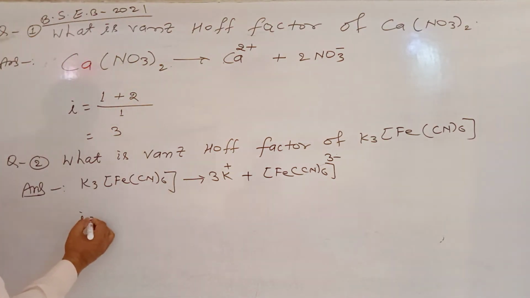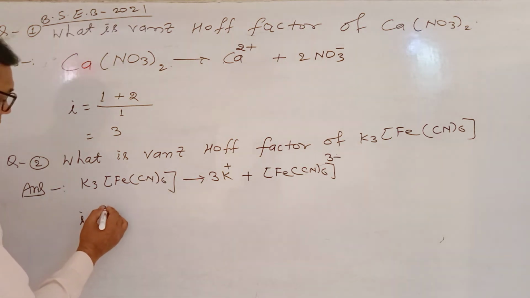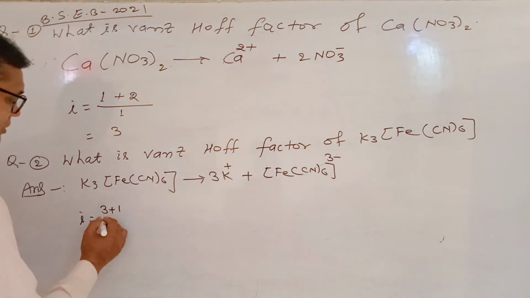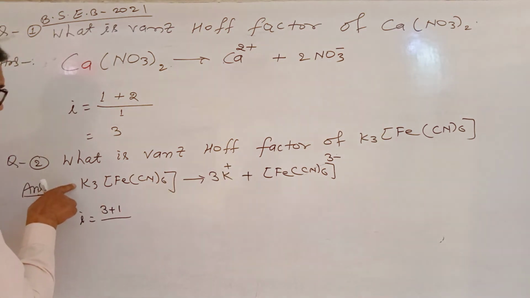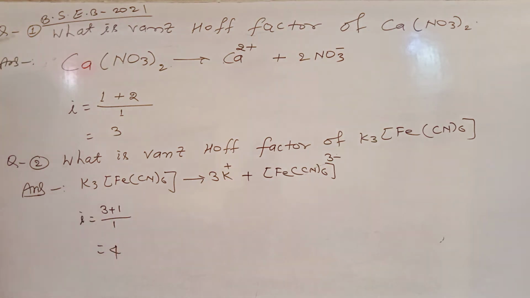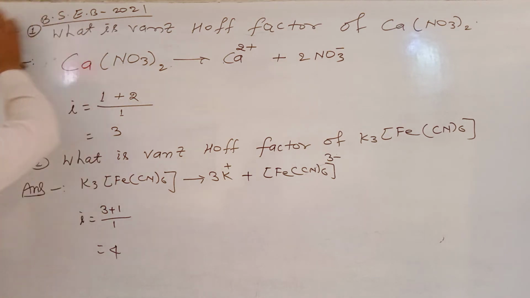Now we write i is equal to here 3 ion. Therefore, we write 3. Here 1 ion. Therefore, we write 1. Here 1 molecule. Therefore, we write 1. And answer will be 4. Now we give a homework same as question 3, question 2.